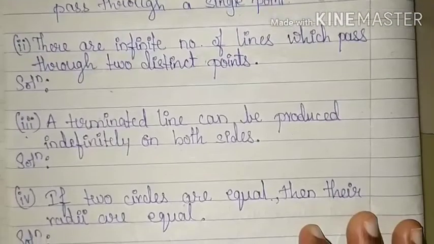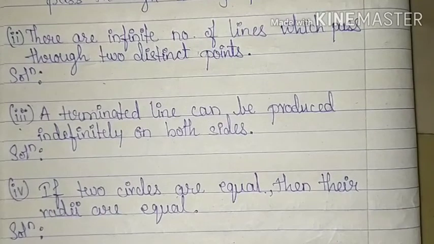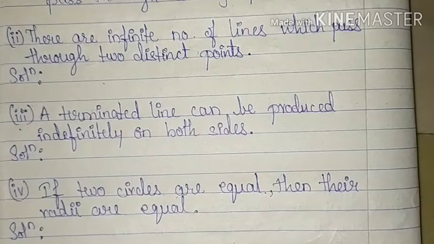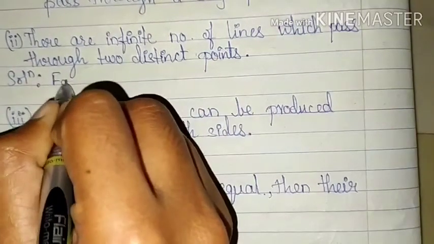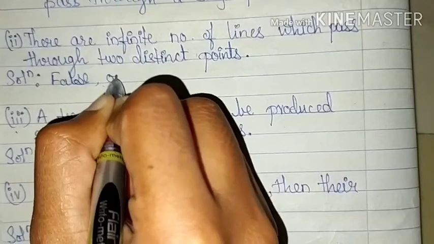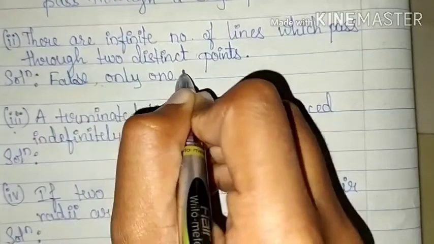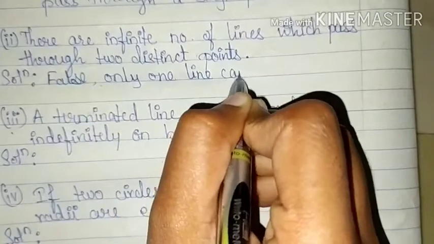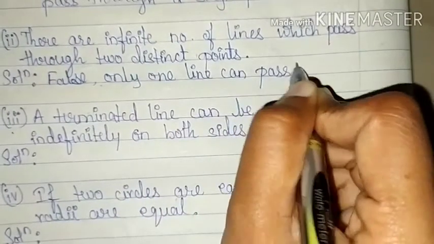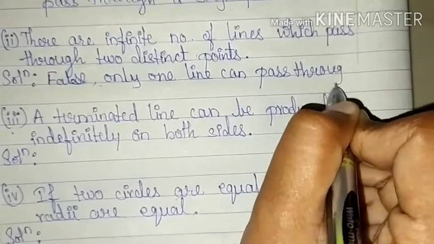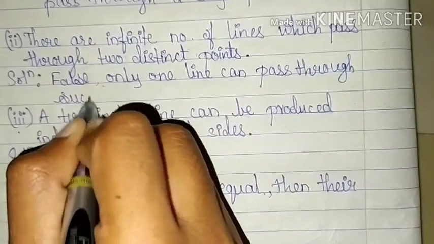Look at the second statement. There are infinite number of lines which pass through two distinct points. It says that from two given different points, you can draw many lines which pass through them at the same time, which is also false, because only one line can pass through such points.